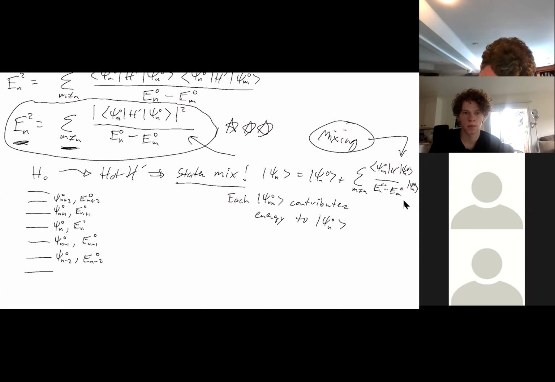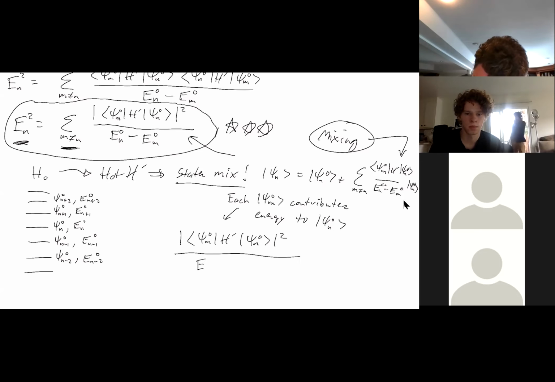If I look at this formula, I have the amount of energy that each state is contributing to the state we're talking about. It is this, squared over En naught minus Em naught. That's the amount of energy.